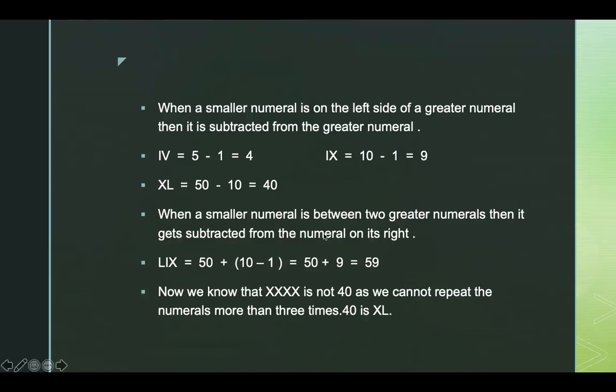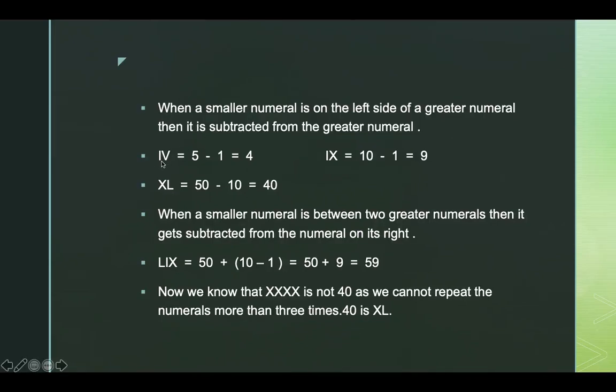The next rule is when a smaller numeral is on the left side of a greater numeral. You can see the smaller numeral is on the left side of the greater numeral, then it is subtracted from the greater numeral. Suppose here it is IV.